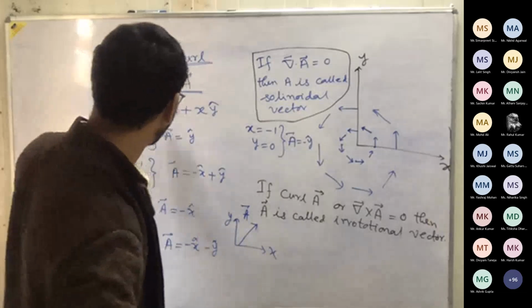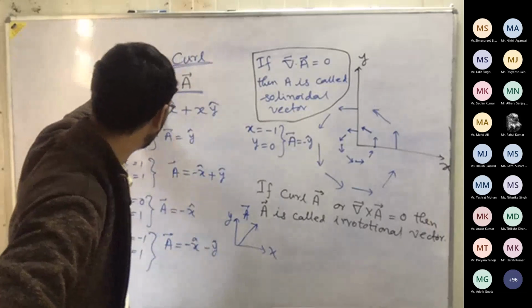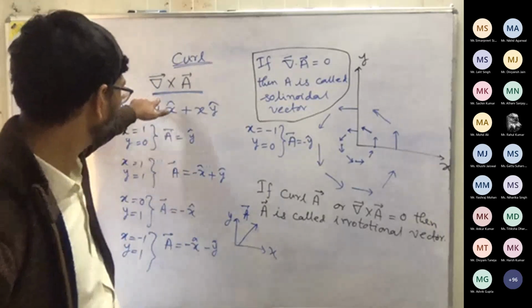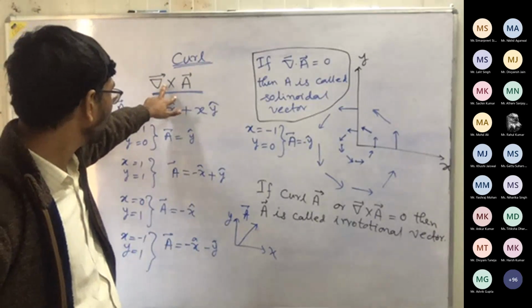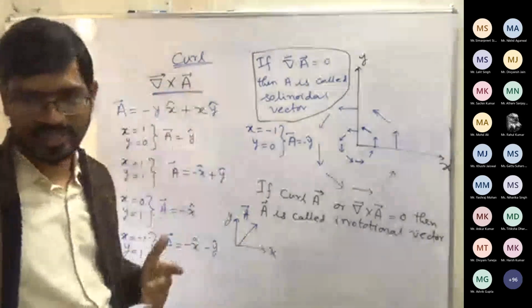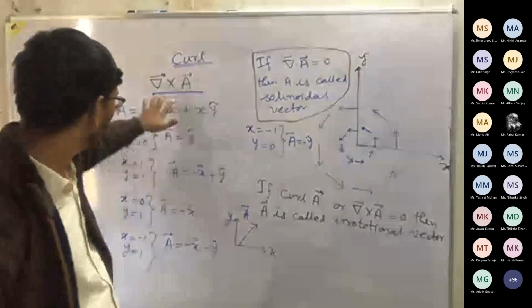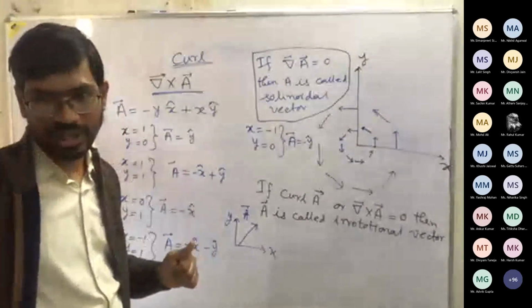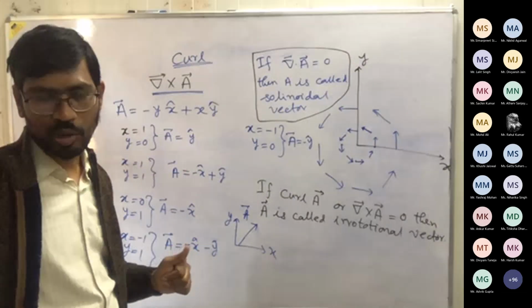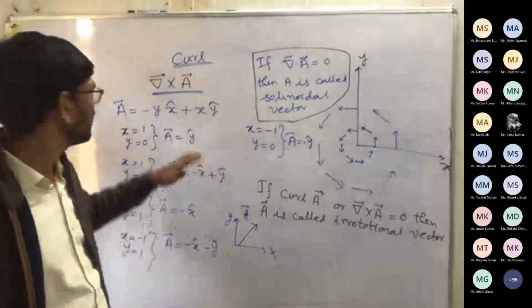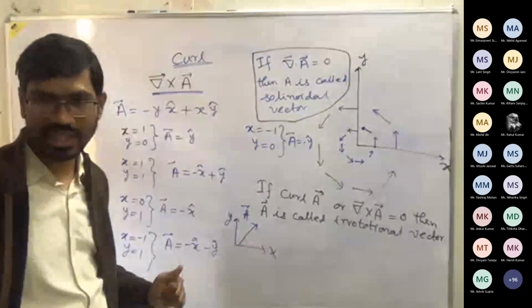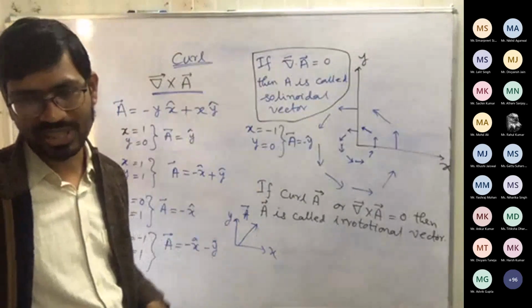But usually what we check is that the curl of A has a direction. This curl of A will be perpendicular to A. Now the point is whether it points upward or downward. It will be determined by the magnitude. If it is positive, then the usual notation is upward.